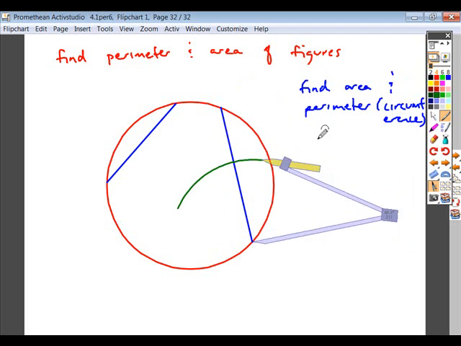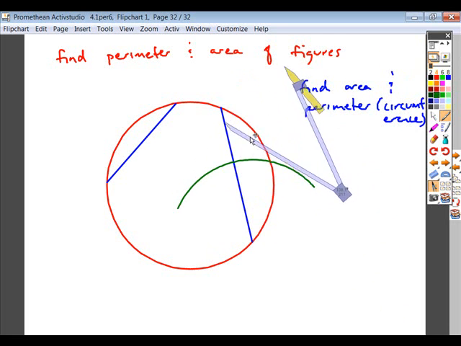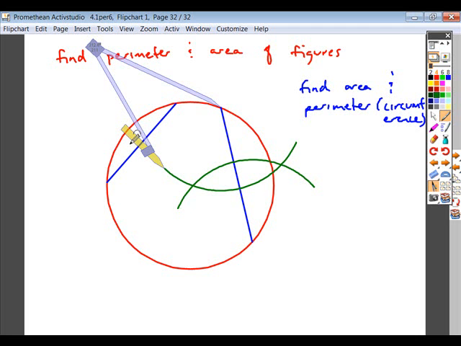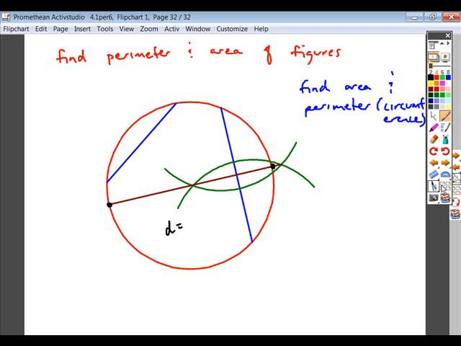Okay, so if we find the perpendicular bisector of this chord, and then we connected that all the way through, what we wind up seeing is that from this point to this point is my what? The diameter.